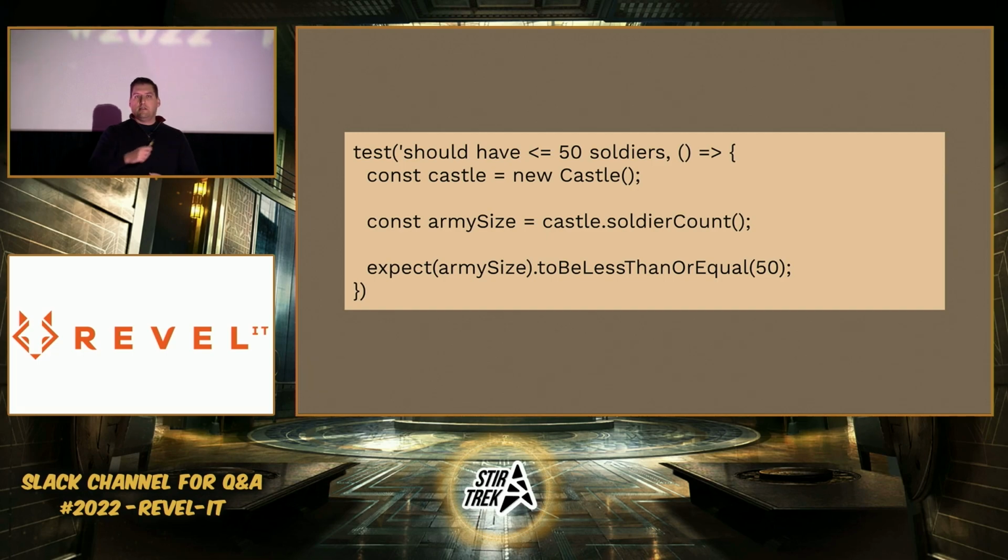Very similar to the test we wrote for the trade agreement, isn't it? We instantiate the new castle, we call the soldier count function, we get an army size back, and we expect that army size to be less than or equal to 50. Great. And that worked really well for several months.